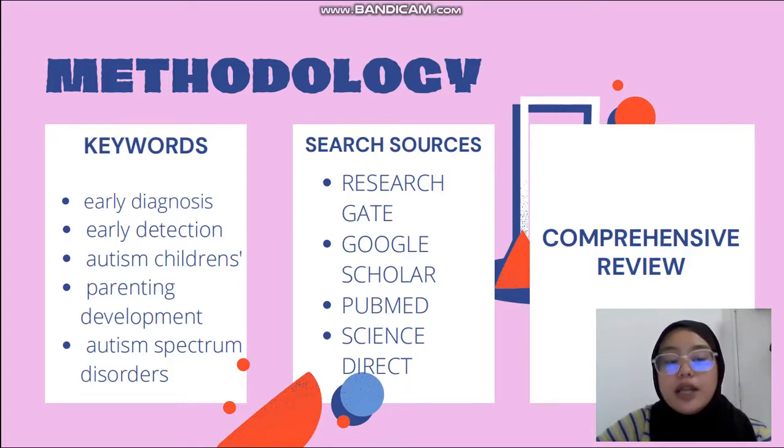So the first one is early diagnosis. The second is early detection. The third is autism children. Fourth is parenting development. And last but not least is autism spectrum disorders.